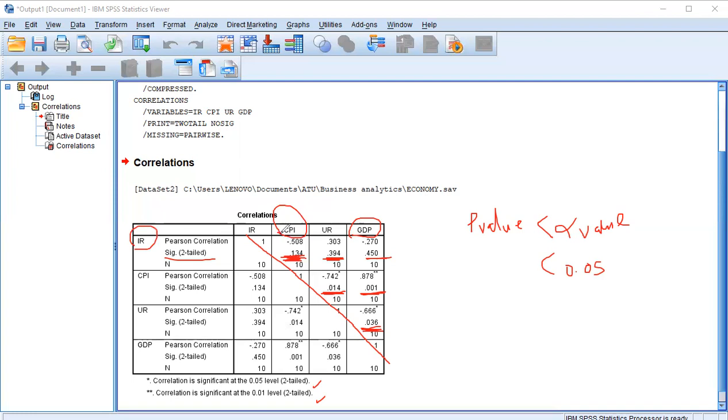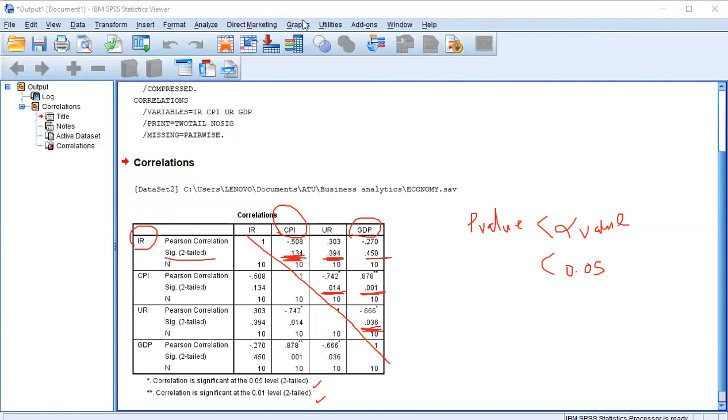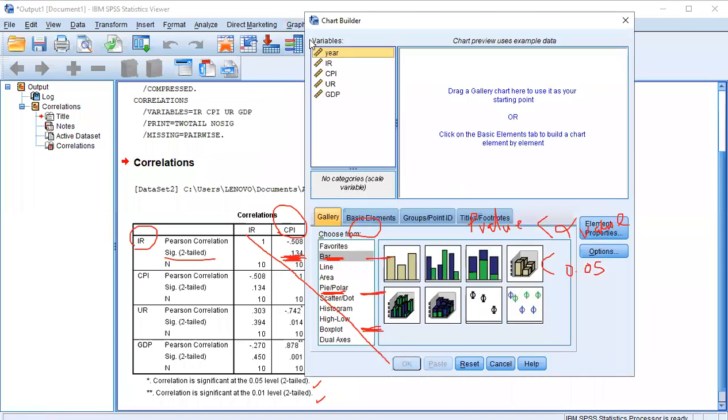Of course, we saw from the scatter that, let's plot the scatter again. Okay, if we need a scatter, you go to graphs. Go to graphs. Then you go to chart builder. Go and click on, let me clear the screen first.